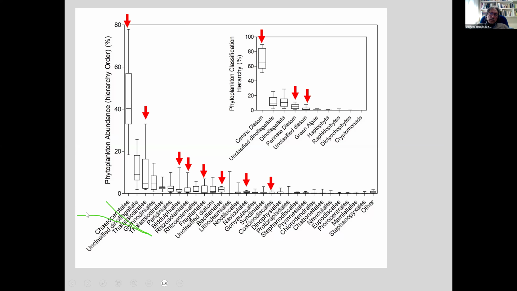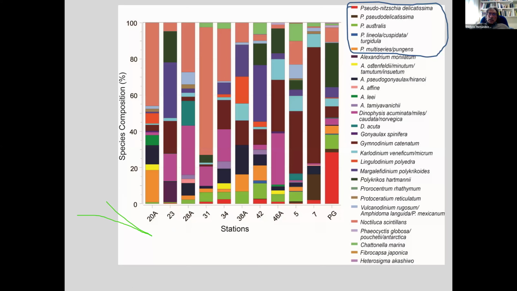And Chaetoceros was the most abundant taxa among the orders here, while centric diatoms were the most important in terms of phytoplankton classification. Also, in this slide, you can see the presence of these species which are considered to be potentially toxic of Pseudo-nitzschia.